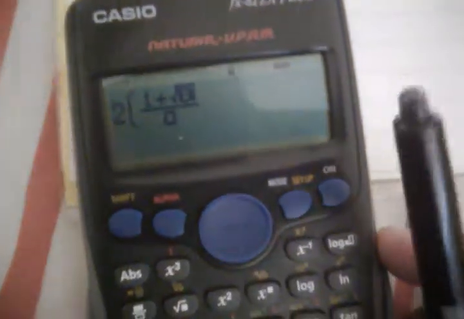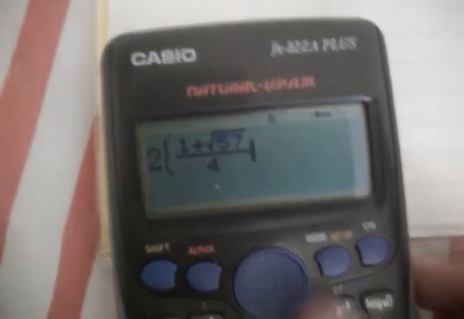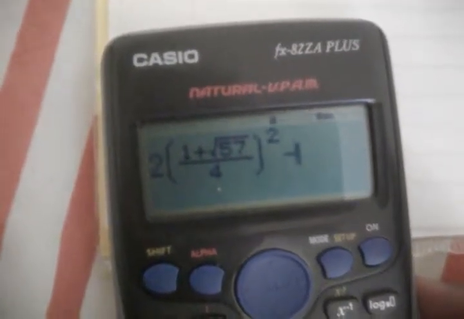Okay, so what did we have? We had our normal equation 2x squared, so it will be 2 multiplied by x. Remember our value of x was 1 plus the square root of 57 over 4, squared, minus x again.